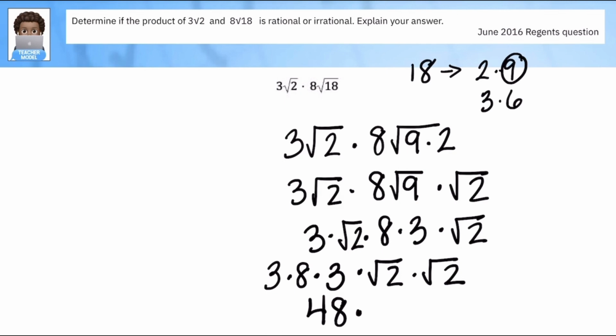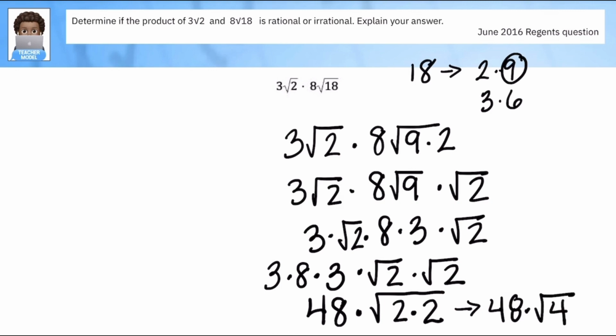And watch what I'm going to do here. I'm actually going to put both of these inside here. And what do you see? What do you notice would happen here? So if I were to actually combine them together, 2 times 2, I would get 4. And 4 is a square number.